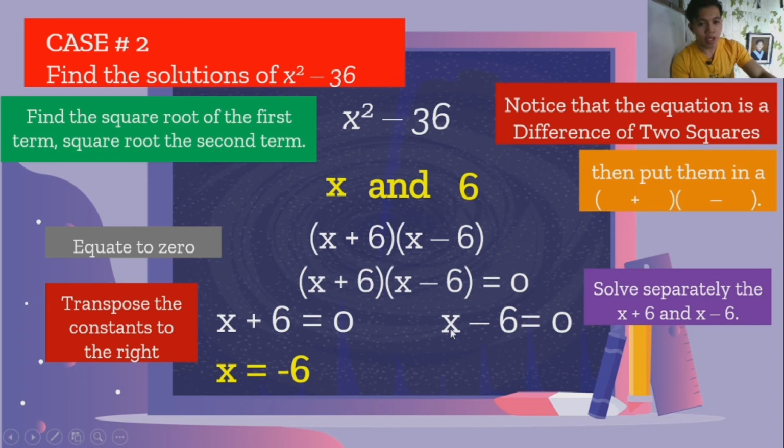Dito naman, x minus 6 is equal to 0. Transpose mo si negative 6 sa kabila, magiging positive 6. Therefore, the solutions of x squared minus 36 are x is equal to negative 6 and x is equal to positive 6. Take note, yung case number 2 natin ay para lang sa mga difference of two squares.